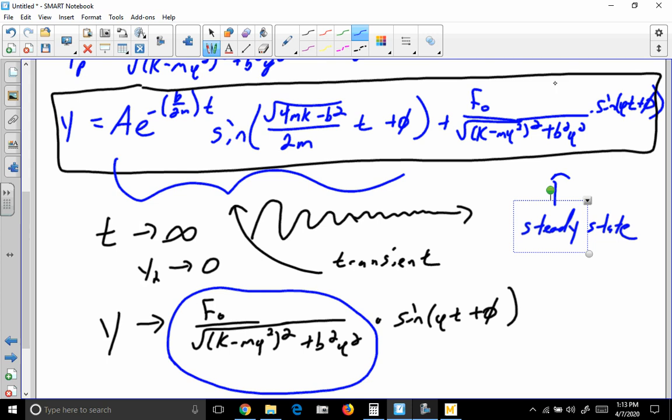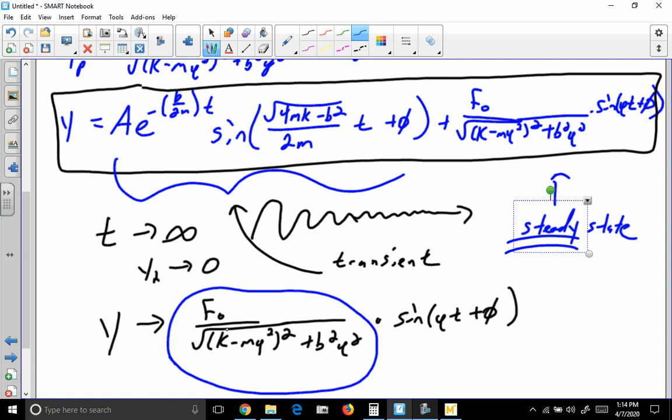Notice in this piece out front, there's not a t. So the amplitude is not affected by time once the transient part goes away. That amplitude is affected by time because that coefficient has t in there, but this coefficient doesn't have time, so this amplitude, after a while, once that's gone, remains constant or steady.